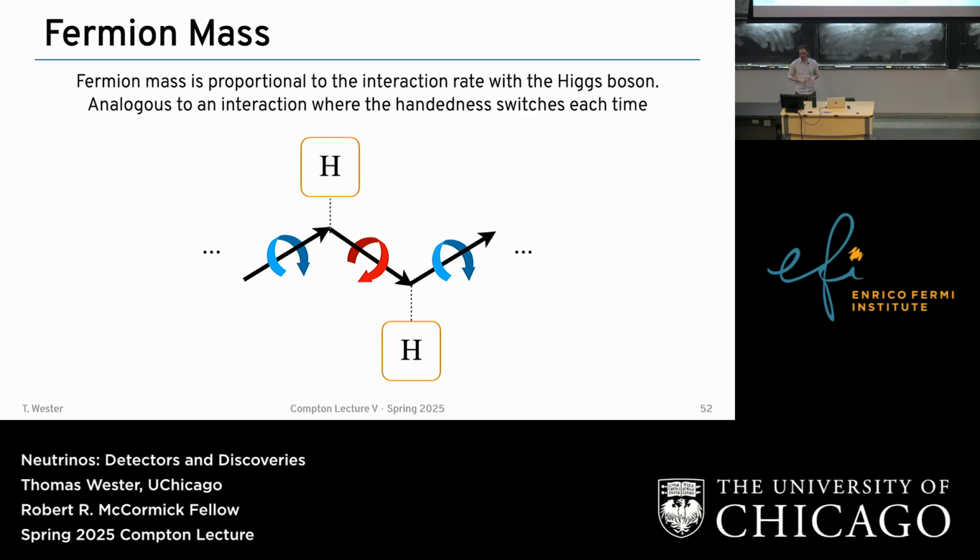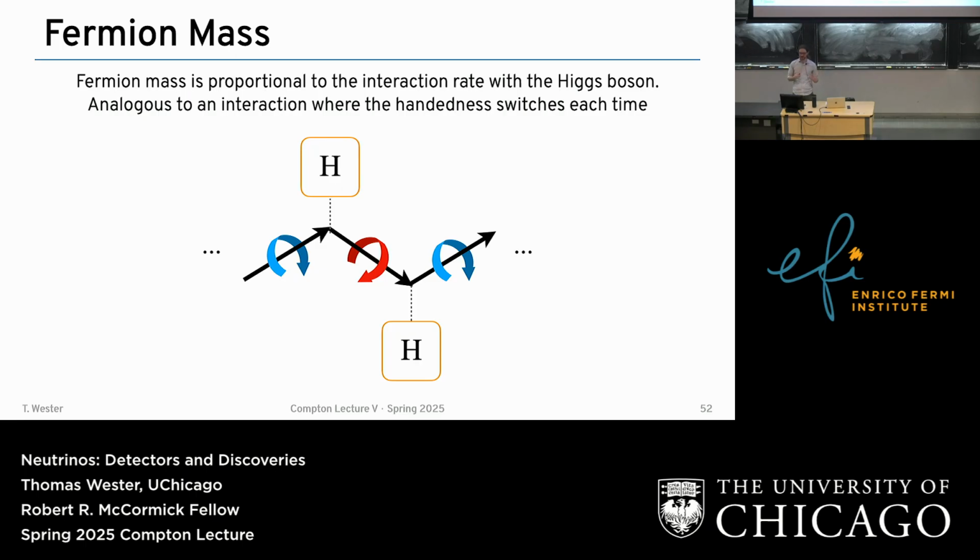So what we know is that the standard model predicts that the interaction rate of the fermions with the Higgs boson should tell you something about the mass. The mass should be related to how the fermions interact with the Higgs. And the Higgs, we know it's a particle itself, but it also provides a field that exists everywhere in space.